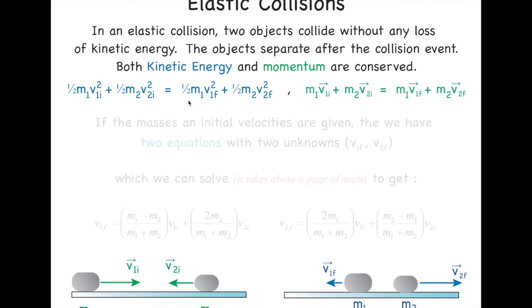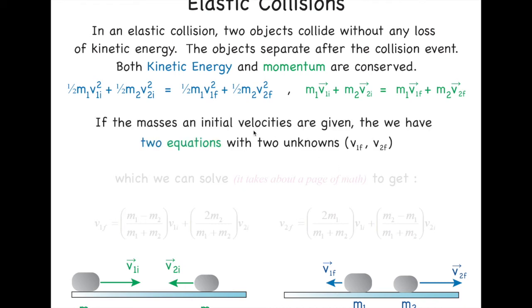Again, masses stay the same. And for the second mass in the final state, 1/2 m2 v2 final squared. The conservation of momentum in this case is also straightforward. It's just m1 v1 initial plus m2 v2 initial is equal to m1 v1 final plus m2 v2 final.